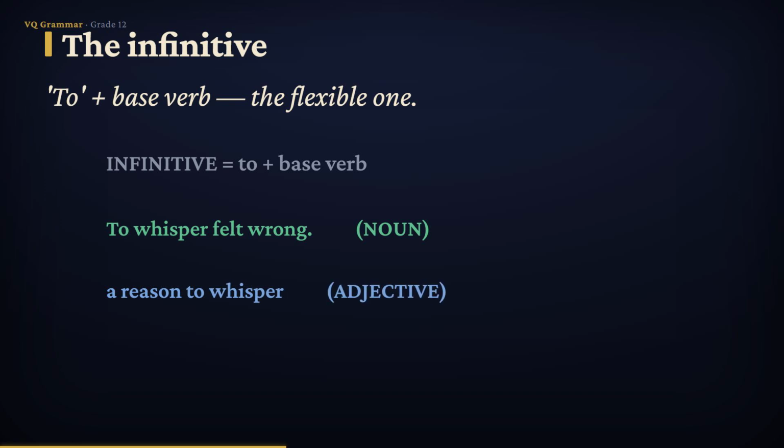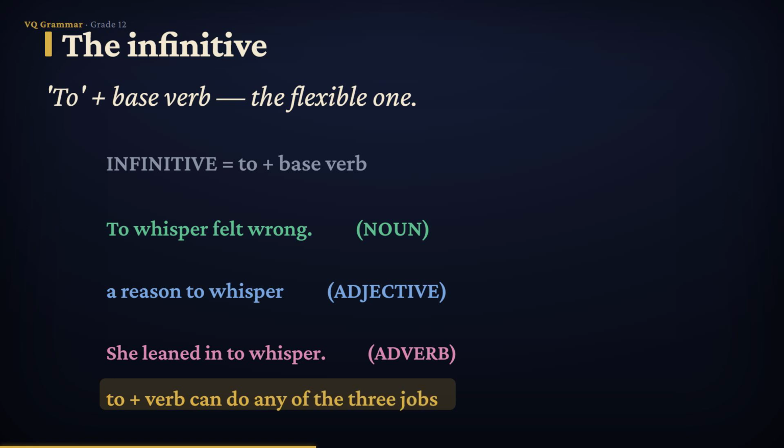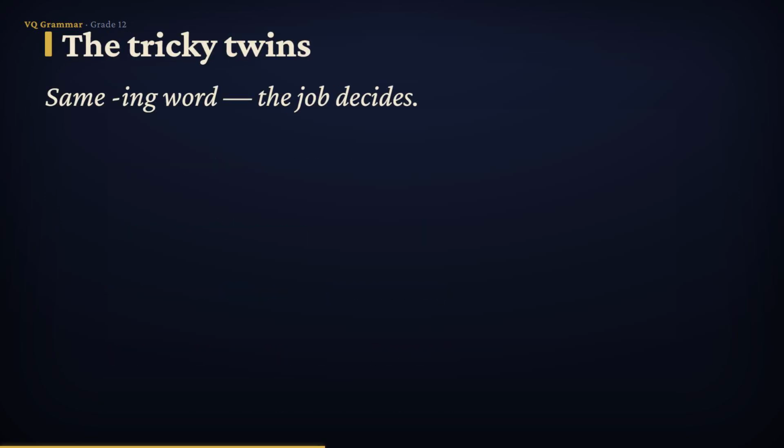As an adjective, "a reason to whisper." Here, to whisper describes the noun reason, telling which reason. And as an adverb, "she leaned in to whisper." To whisper tells why she leaned in, so it's modifying the verb. One easy signpost. If you see to in front of a base verb, you're almost certainly looking at an infinitive.